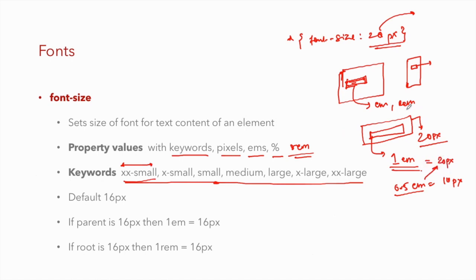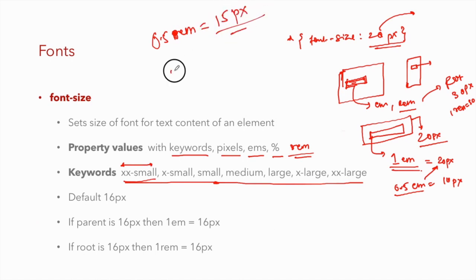In case of REM, instead of the parent, it is relative to the root element of the document. If your root element font size is, let's say, 30 pixels, one REM is equal to 30 pixels. When I say 0.5 REM, that is 15 pixels in this case.